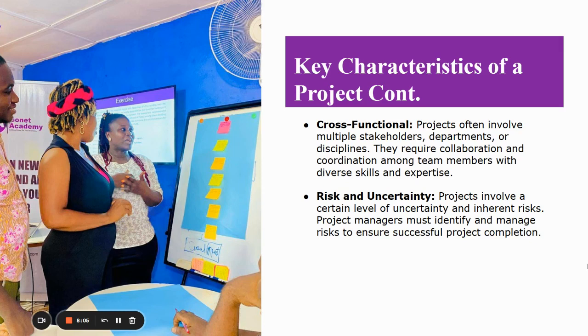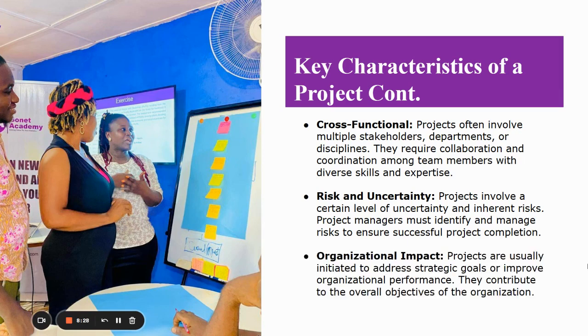Our work here is to ensure that we identify and manage all potential risks that can have a negative impact on the project. We need to manage them. But we need to firstly identify them at the beginning of the project. And during the implementation, we are to monitor to see if there are any potential risks that we need to manage so that it doesn't affect the project at all.